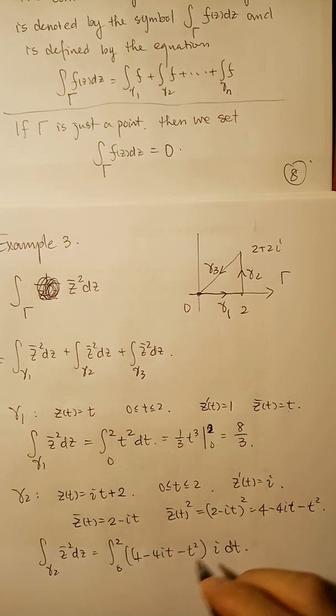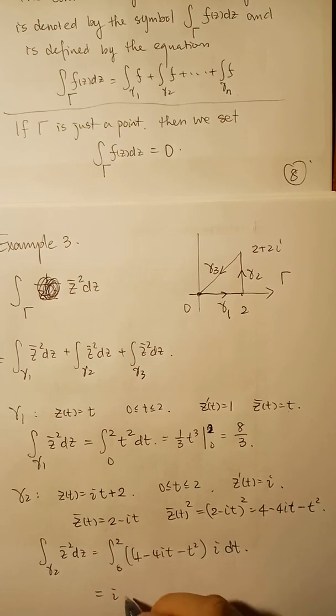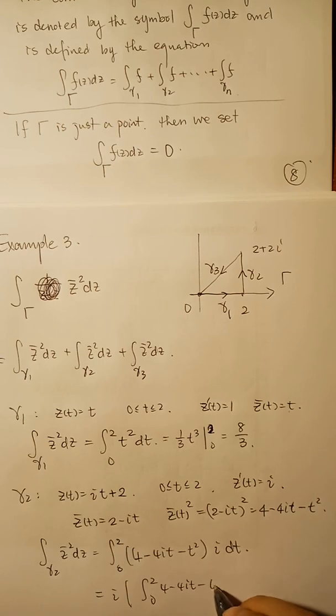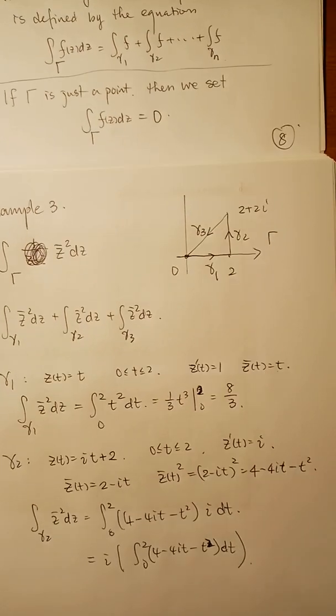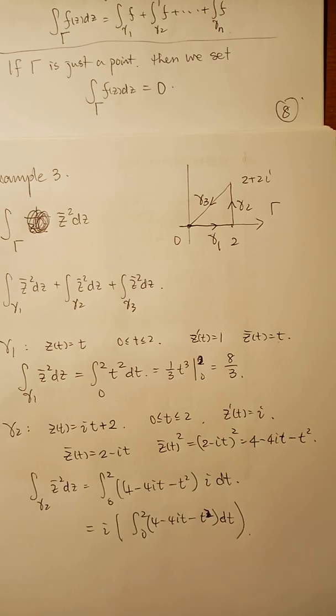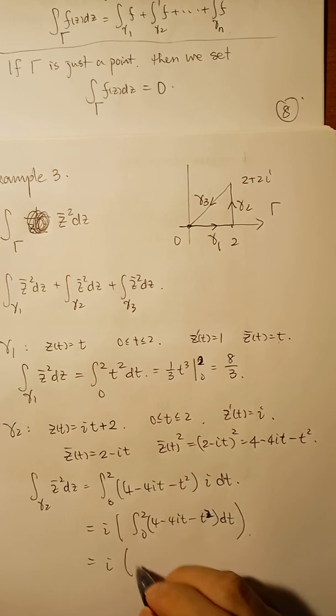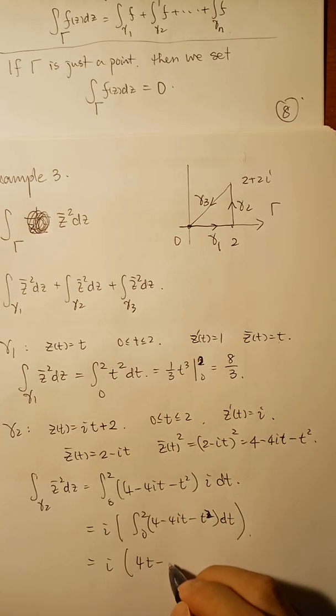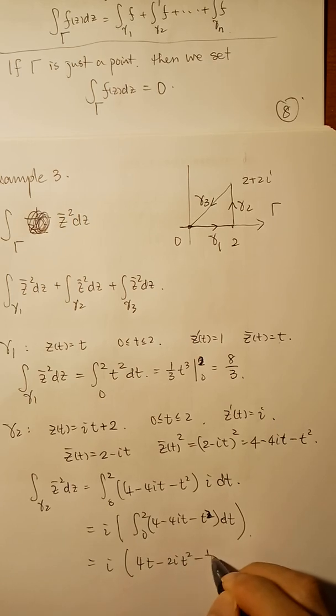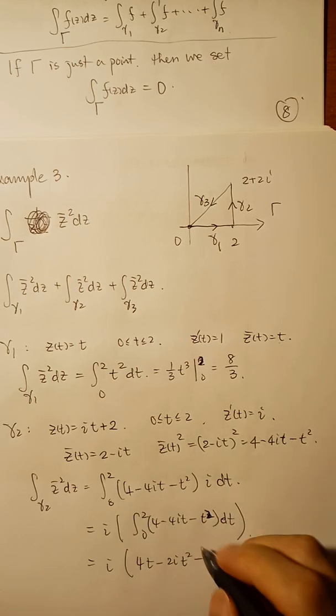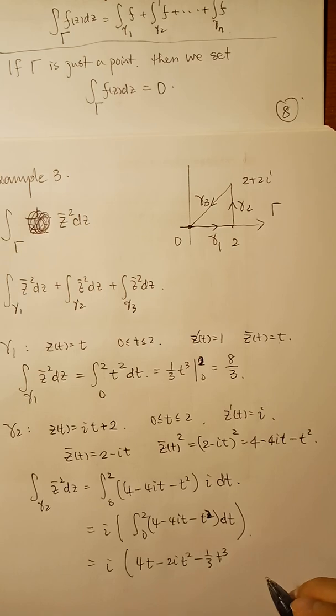Okay, so i is a constant, so we move i forward. So we get the integral from 0 to 2 of 4 minus 4it minus t squared dt. And we find the antiderivative. So 4t minus 2it squared minus 1 over 3 t cubed.